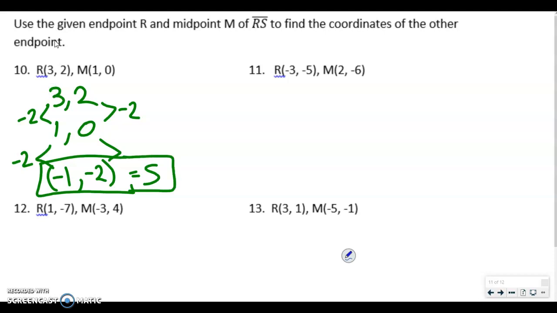All right, I'll do 11 with you, and then you guys will do 12 and 13 on your own. So same that we did before, we're starting with R. We know that's one of our endpoints, so we have R at -3, -5, and we're going to be going to M, which is at 2, -6. So to get from -3 to 2, what do we have to do?